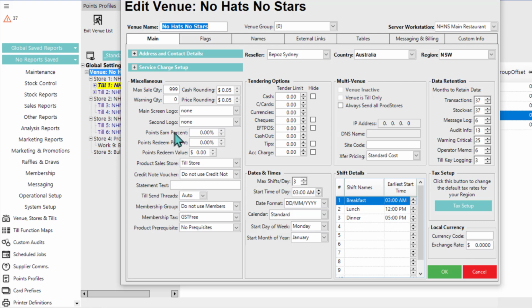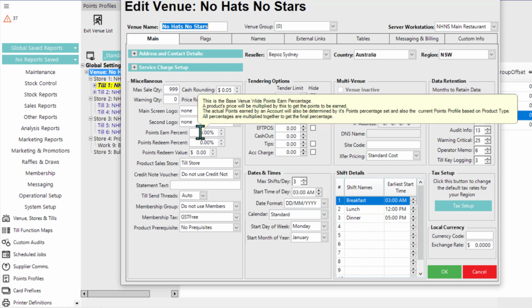Now, if I actually hover over the setting, there is a very informative tooltip here, and it is reading, "This is the base venue-wide points earned percentage. A product's price will be multiplied by this to get the points to be earned.